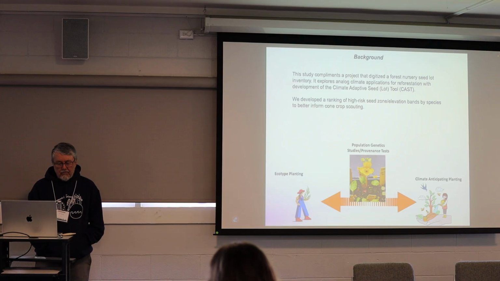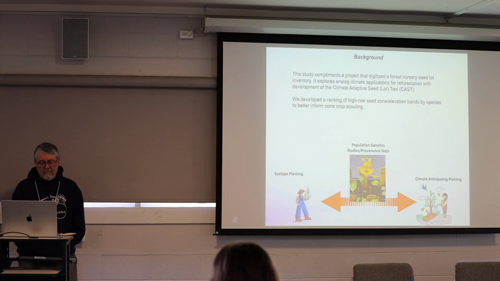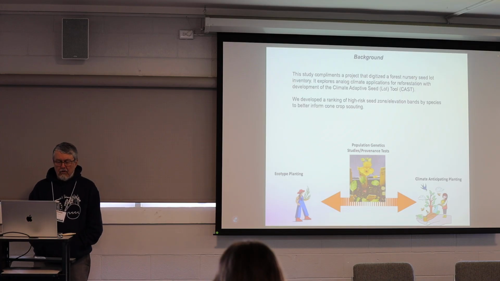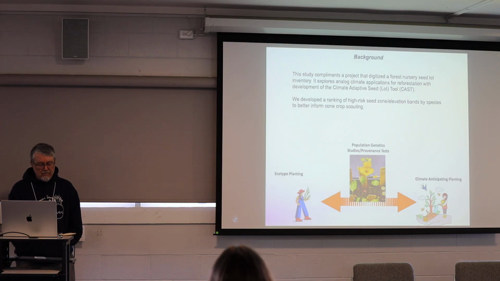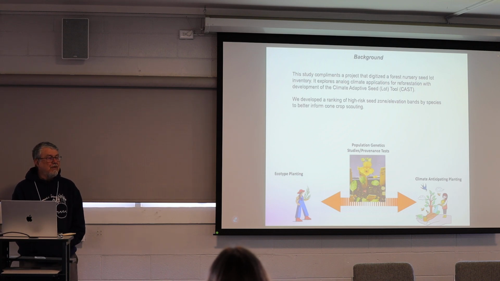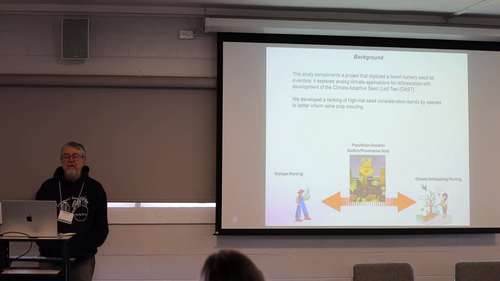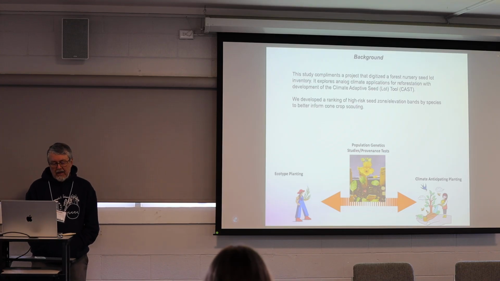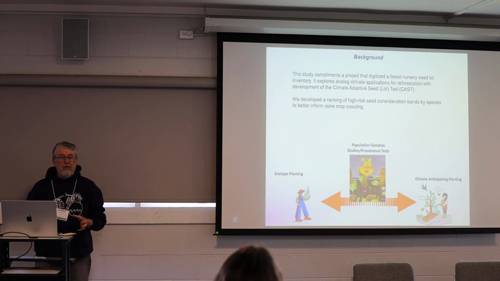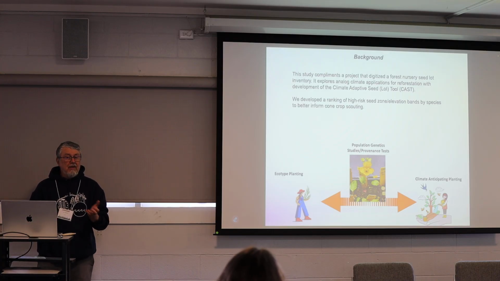So, we're here in this meeting, we've been talking about annual all the way over to long-lived species. And where does population genetics fall within the different types of restoration or reforestation? For this particular application, it has to do with going to collect the seed to put into the inventories.